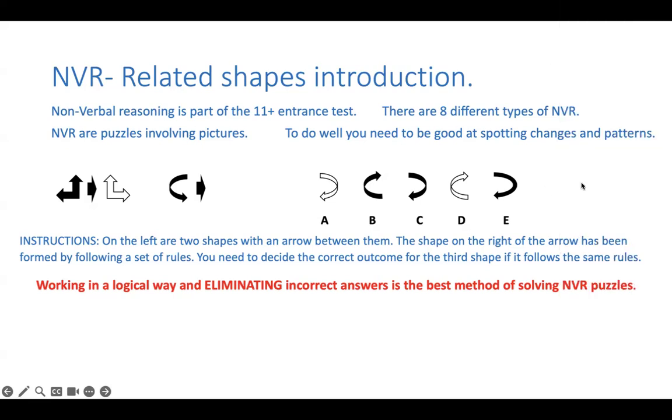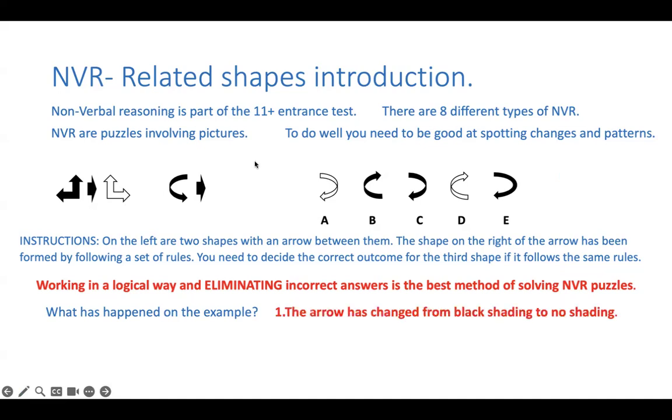This is amazing. As Katerina has just said, I'm going to go through the example as well, but she is spot on there. So, what has happened on the example? As she explained, we can see our arrow has gone from shaded to non-shaded. So that's one of the things that's happened. It's changed from black shading to no shading.